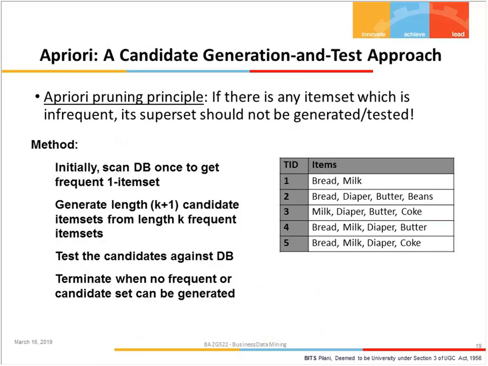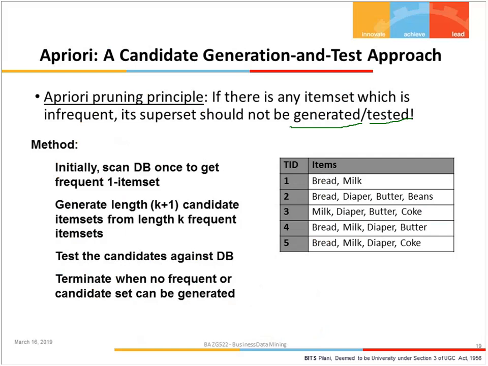So now, how does the Apriori algorithm work? Apriori is a candidate generation and test approach. It uses the pruning principle: if any item set is found to be infrequent, its superset should not be generated or tested for support.